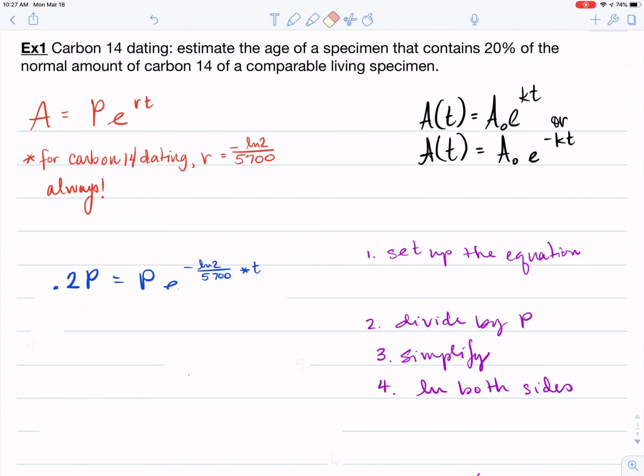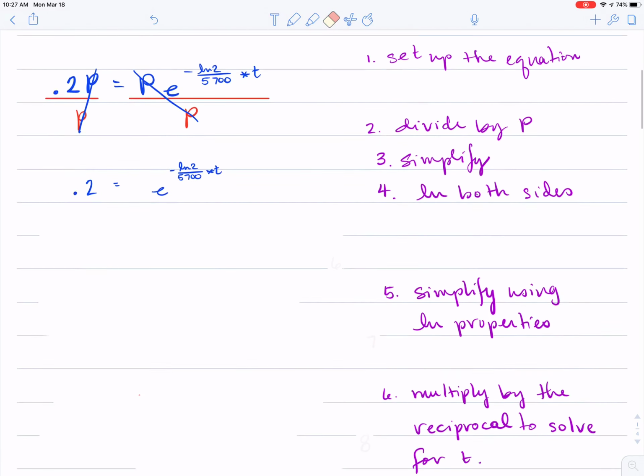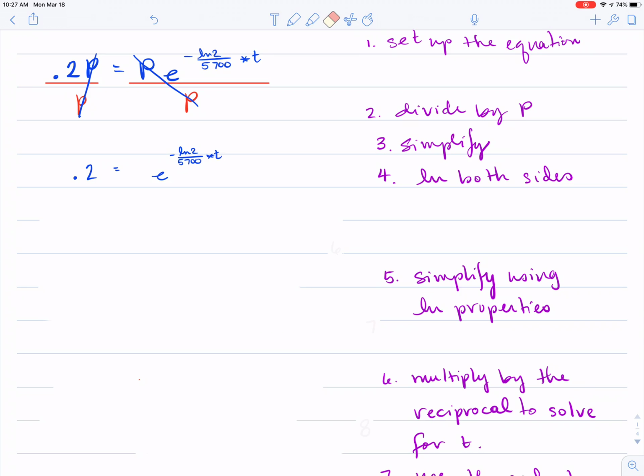Now I want to divide on both sides by P. And so the P on the left and the P on the right are going to cancel each other out, and I will simplify my equation. At this point, I cannot make my bases alike, so I want to log both sides. And then I want to use my logarithm properties to simplify this.